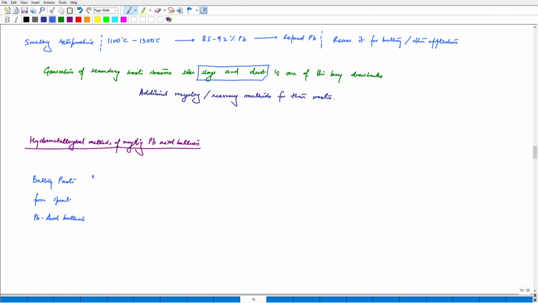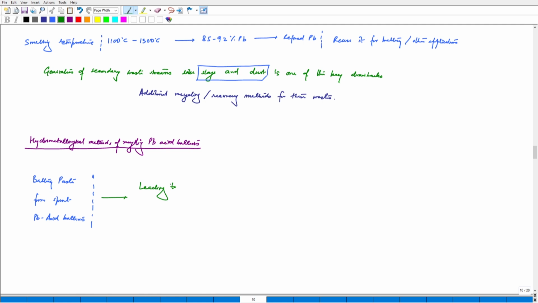So we have a battery paste material and we know that it is not just lead. So lead in a battery paste is very less. It is basically lead sulfate, lead oxides. When we have material like this, we are now going for leaching.